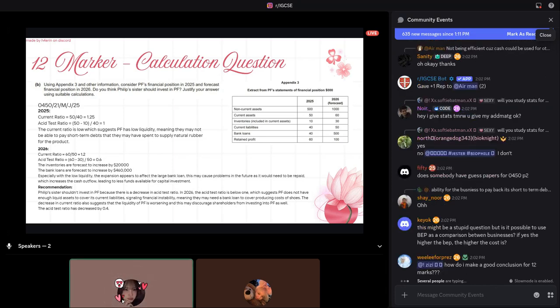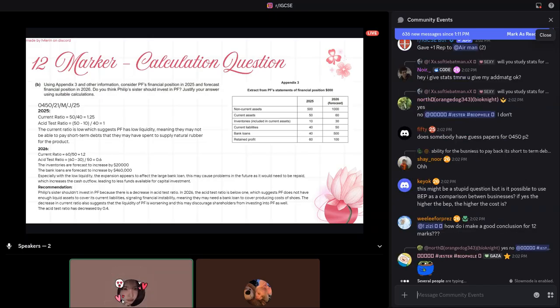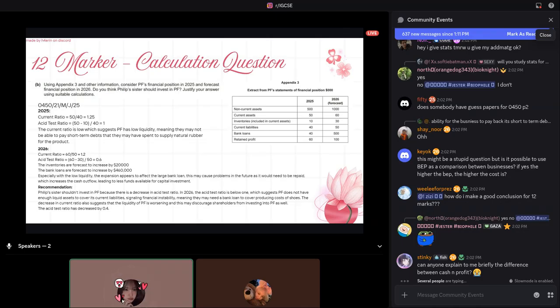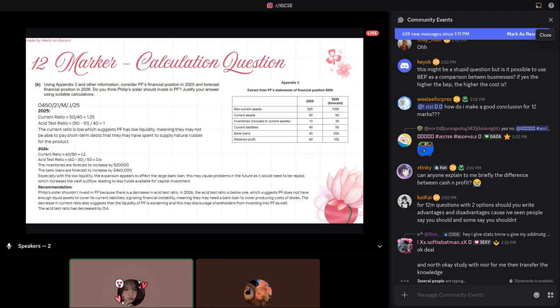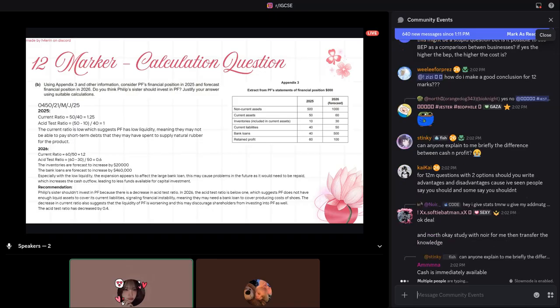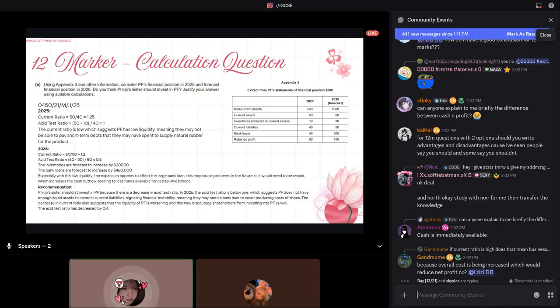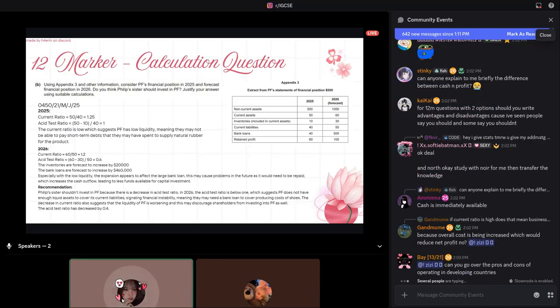A high current ratio means a company has significantly more short-term assets than short-term liabilities. It does indicate strong financial stability, but it means that the business is inefficient, having too much capital and too much inventory rather than reinvesting it for growth.